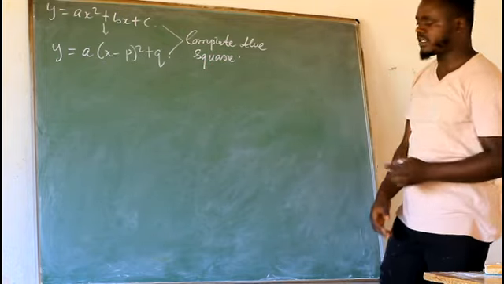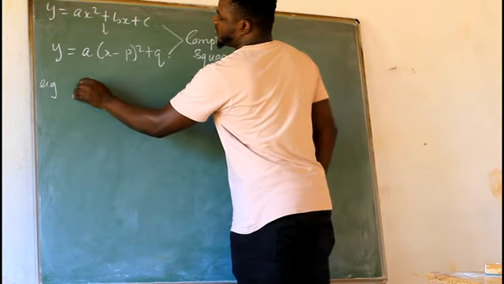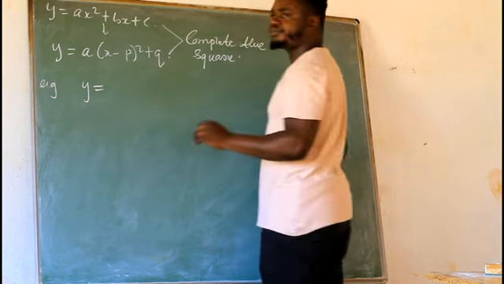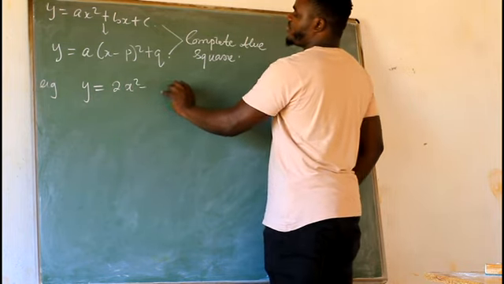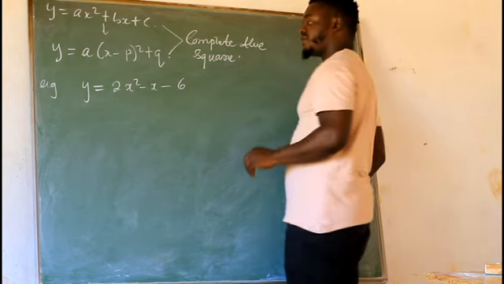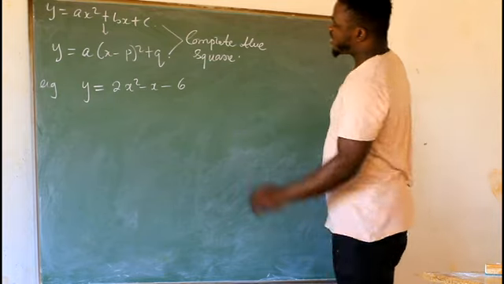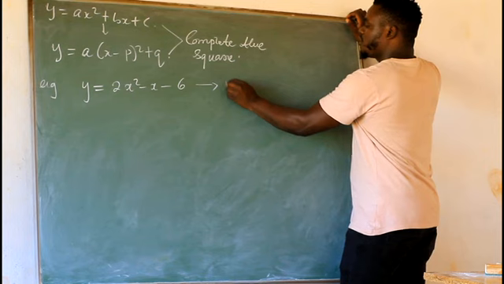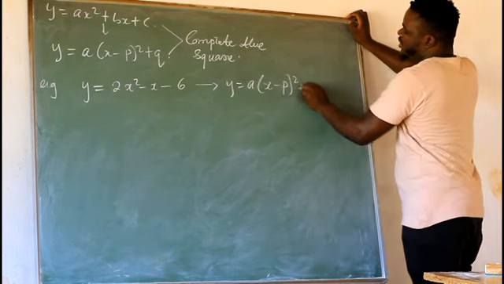Let us take for example y equal to 2x squared minus x minus 6, and they say write this in the form y equal to a(x minus p) squared plus q.